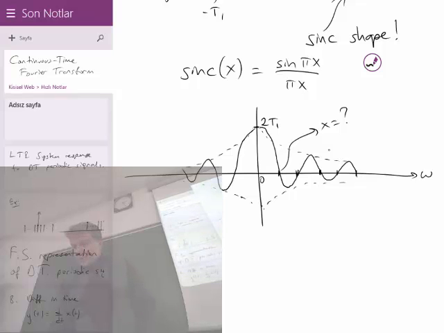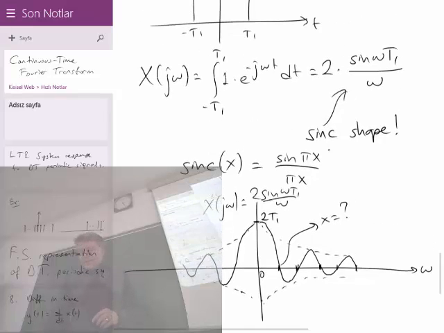For 2 sine omega t1 over omega, it should depend on t1. As a matter of fact, the whole idea of this example is to show you that it is inversely proportional to t1.